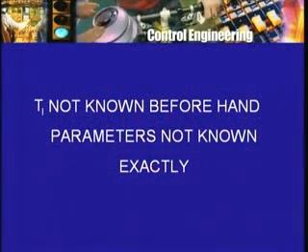We'll see that TL not being known beforehand, or the possibility that TL may change, along with the fact that the motor parameters, the drive parameters that we have all listed, may not be known exactly. The back EMF and the torque constant, the armature resistance, armature inductance, the moment of inertia, the coefficient of friction, none of them of course are going to be known exactly with 100% accuracy. There will be some tolerance for each one of them.